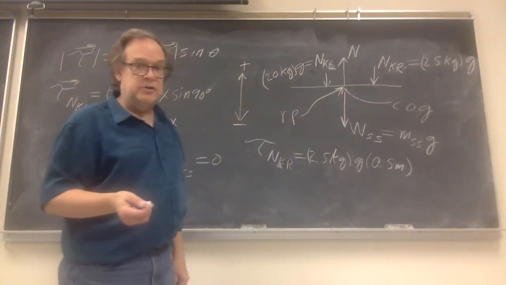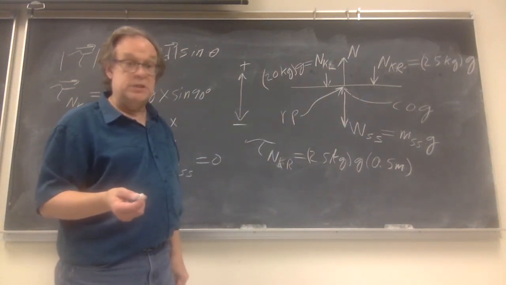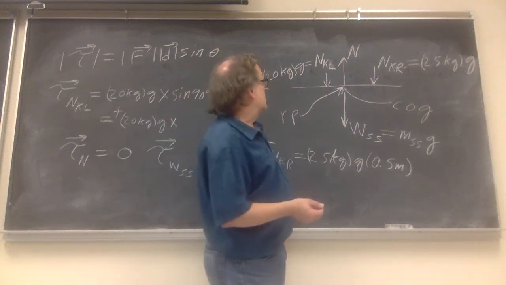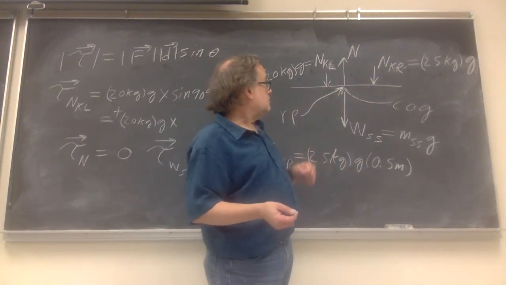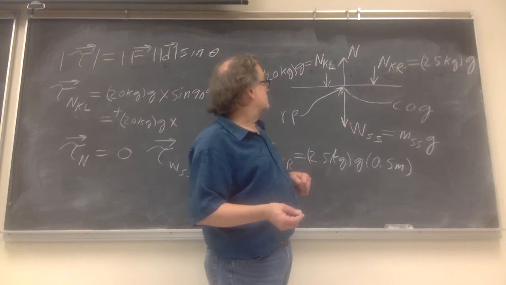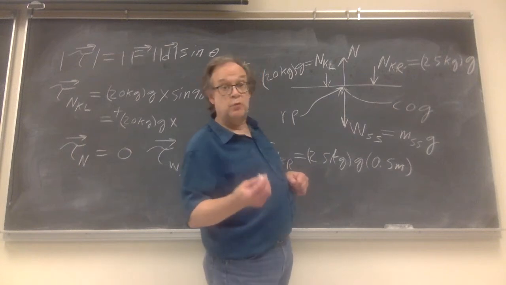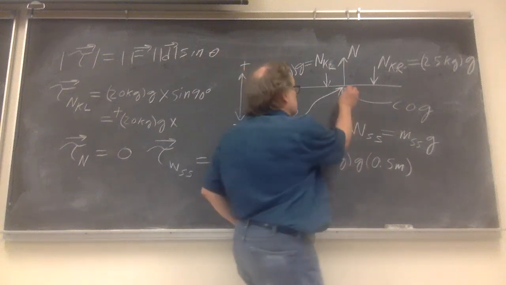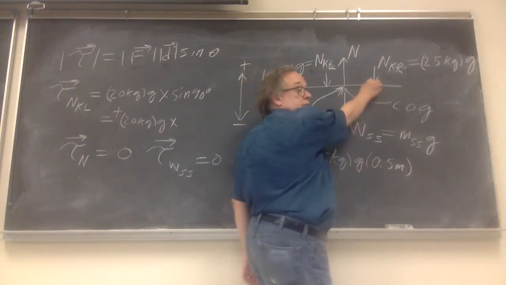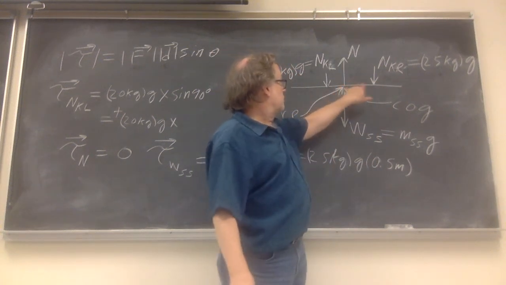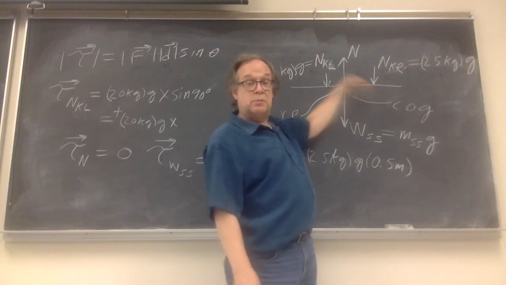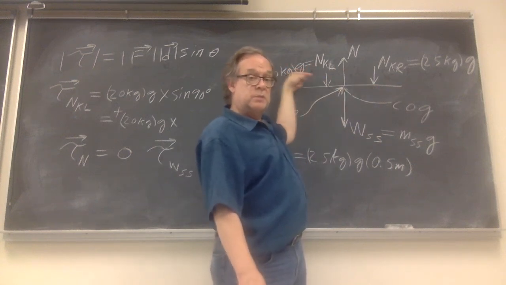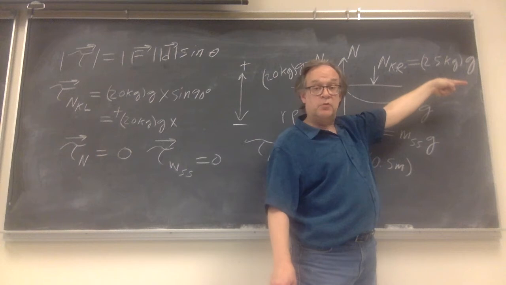And then the third factor is sine of the angle between the displacement vector and the force. Well, the displacement vector starts at the reference point, ends at the point where the force is applied. So the displacement vector points straight to the left horizontally.